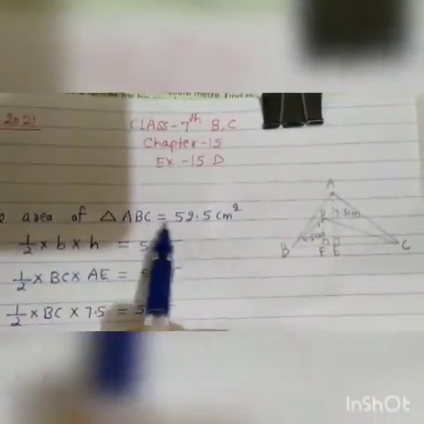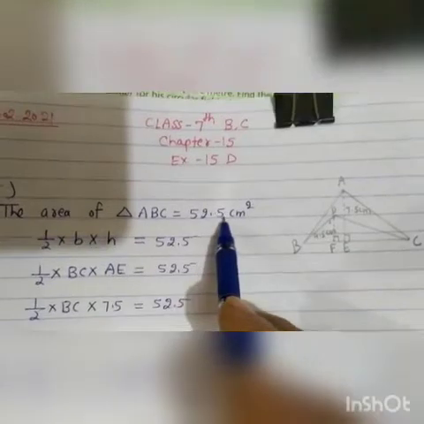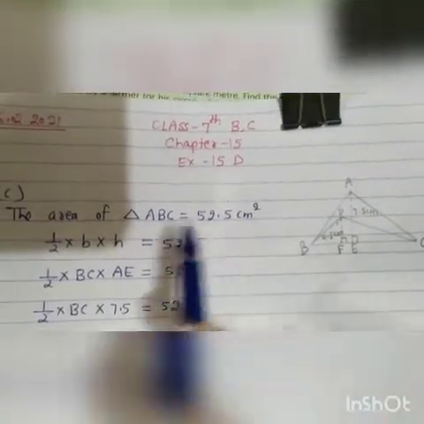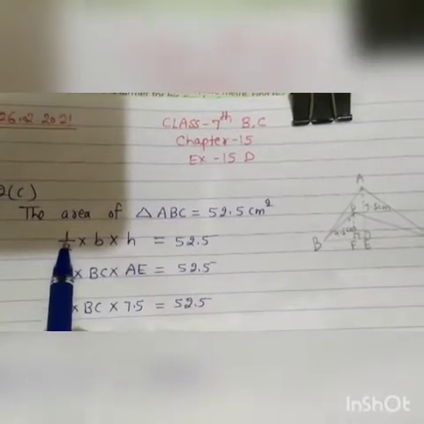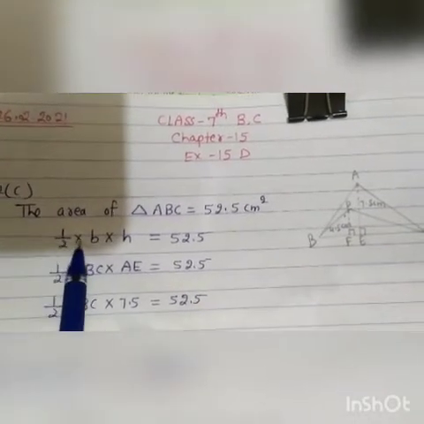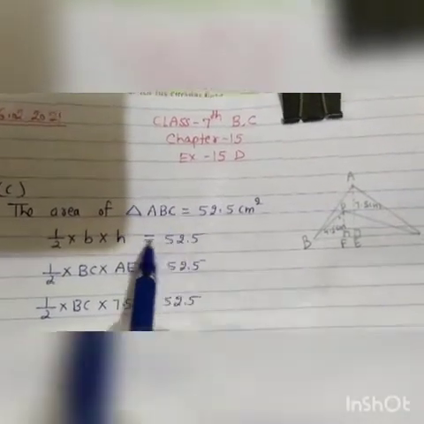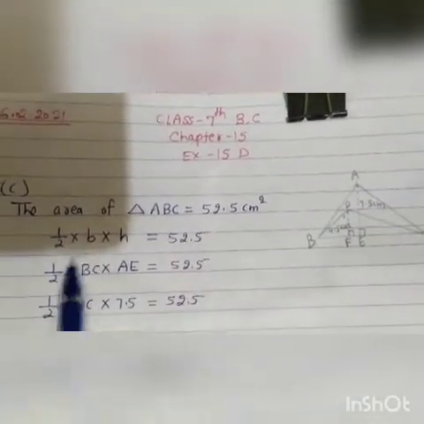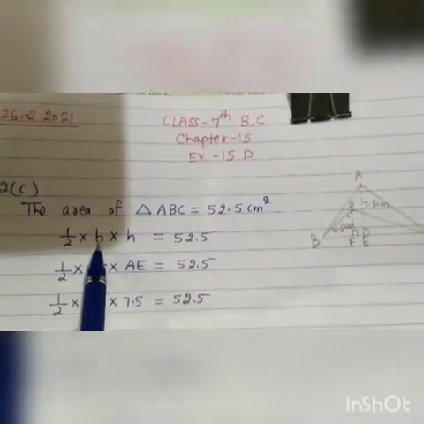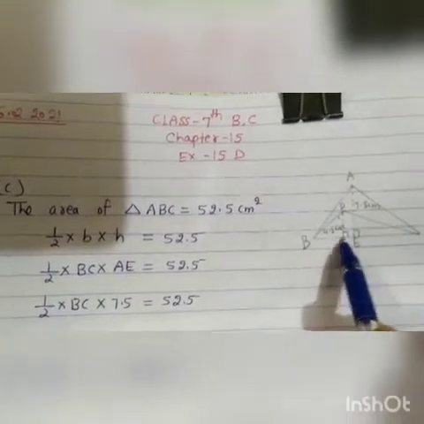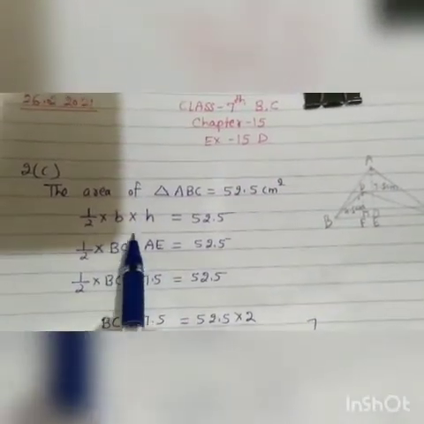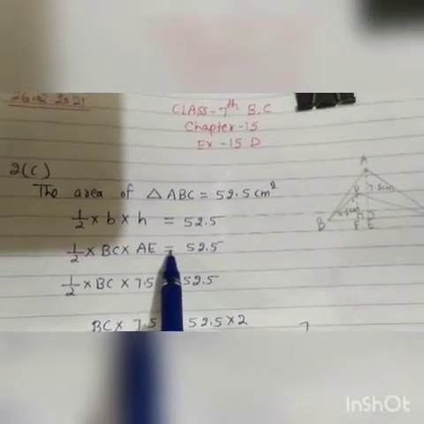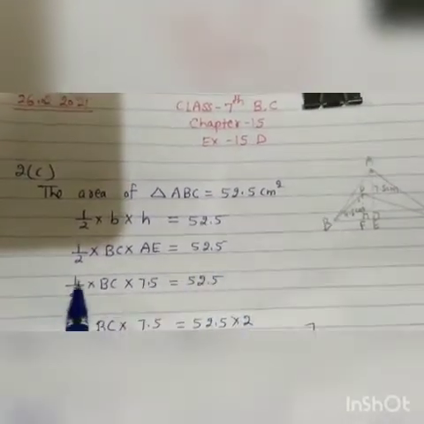Area of triangle ABC is given in the question, 52.5 square centimeter. The formula for area of triangle is 1/2 into base into height equal 52.5. For triangle ABC, base is BC and height is AE. So 1/2 into base BC into height AE equal 52.5.